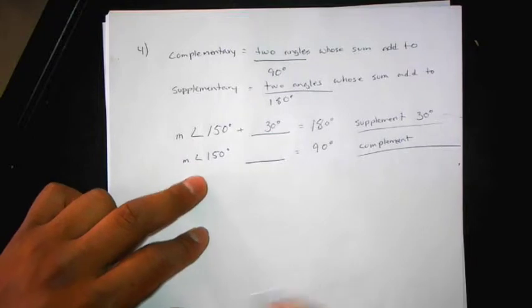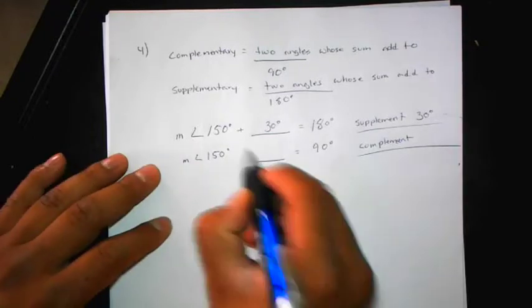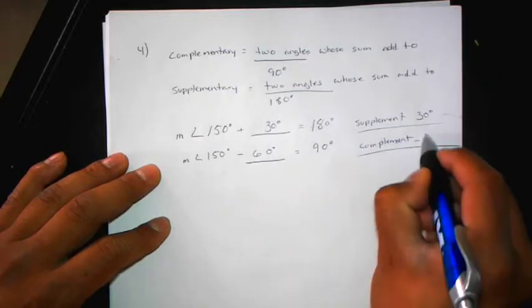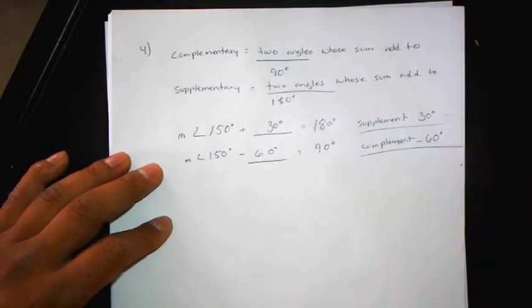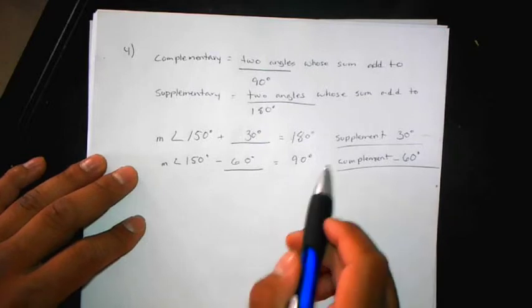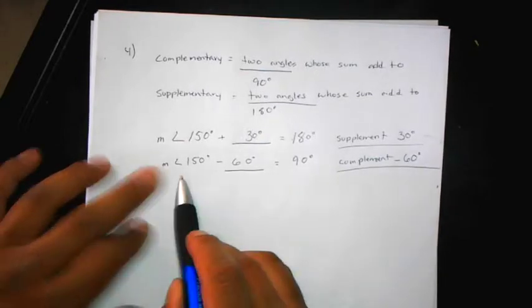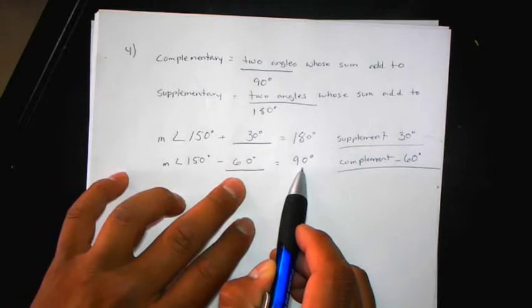So you're going to subtract. Minus 60 degrees. A complement would be minus 60 degrees, so that the two angles add up to 90 degrees.